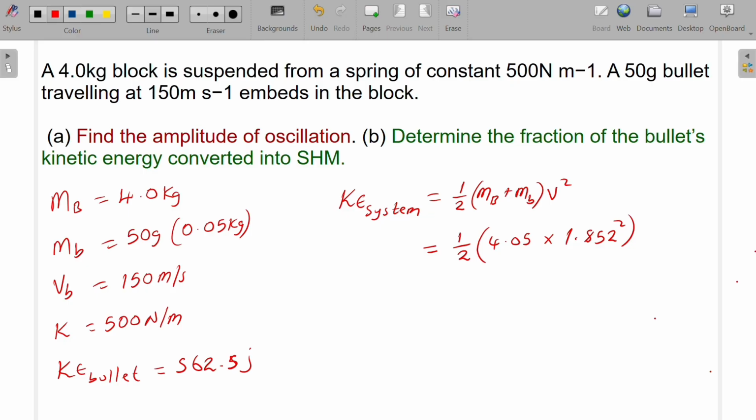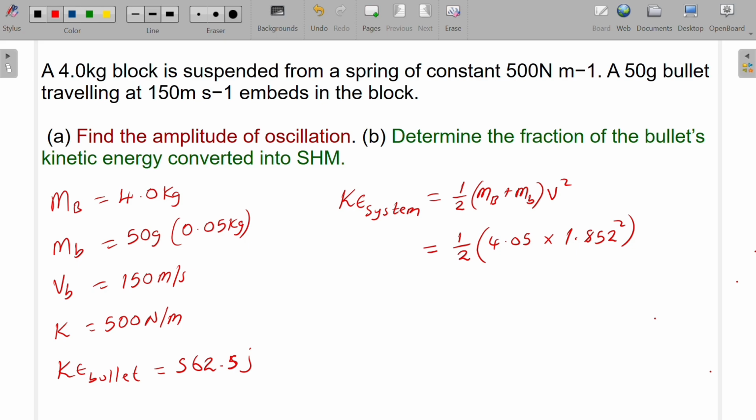So let's quickly do that. We have 1.852 squared. This multiplies by 4.05, and then it multiplies by 0.5.